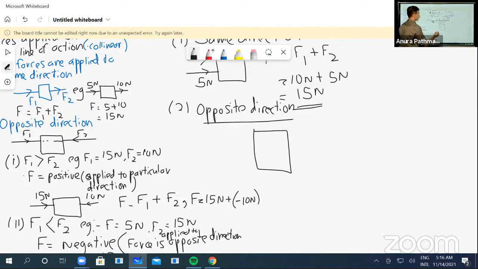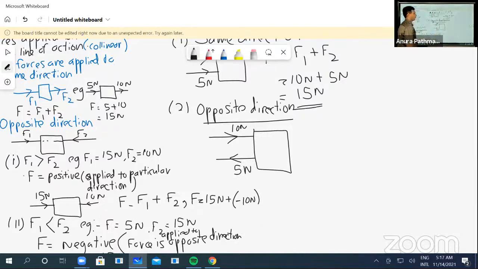The forces are there. One is applied like 10 Newton, and the other one will be applied in the opposite direction. Okay, or you can draw here as well. 10 Newton, opposite direction.